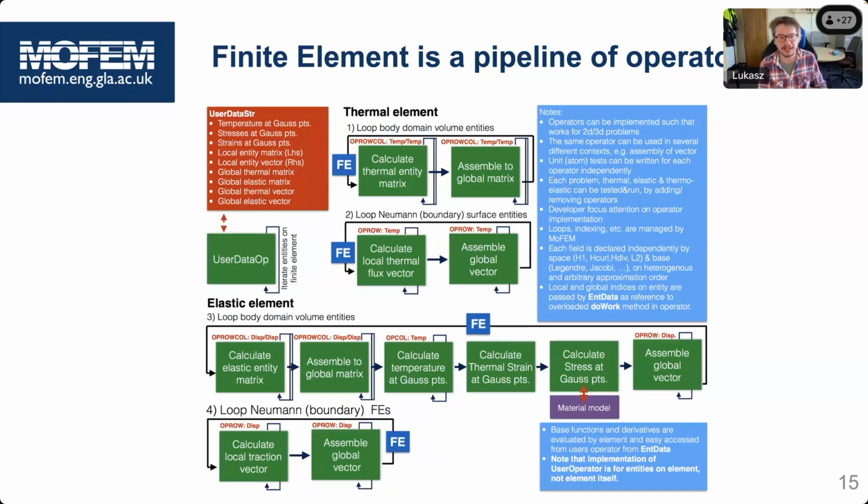Operators are executed on the sub-entities of the mesh: vertices, edges of the element one by one, faces of the element one by one, and interiors one by one. So thanks to that abstraction, one implementation works practically for all shapes. Very often, when you have an implementation, it works for 2 or 3 dimensions and 1 dimension automatically. So once you test the code in 2 dimensions, very likely it will work straight away in 3 dimensions.